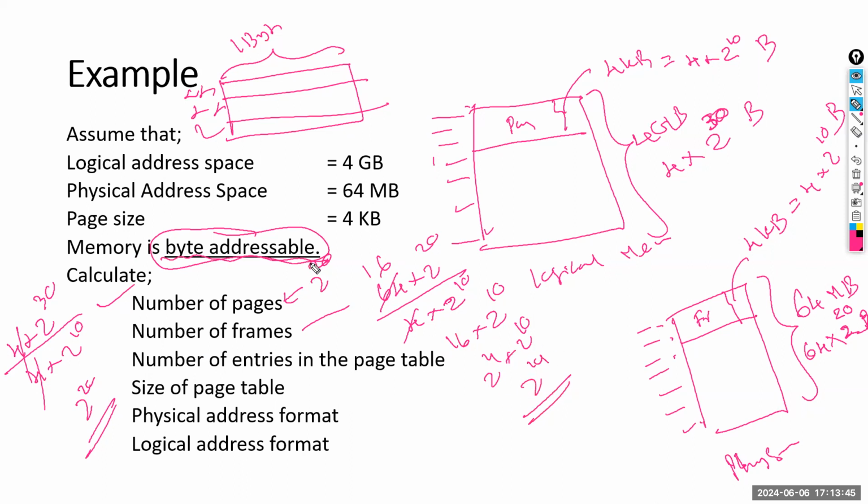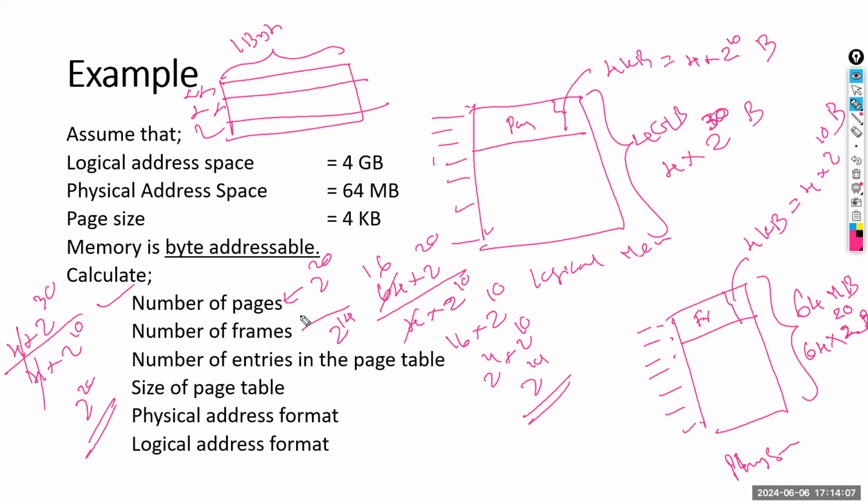We have 2 to the power 20 pages and 2 to the power 14 frames. You can see that the number of pages is bigger than the number of frames because logical memory is bigger than physical memory.